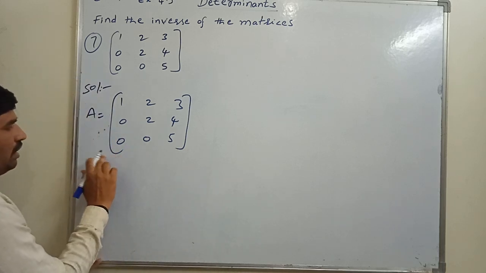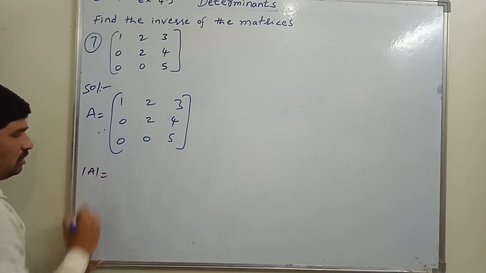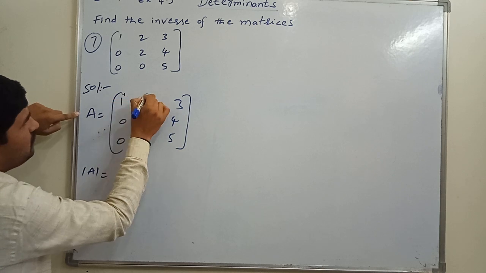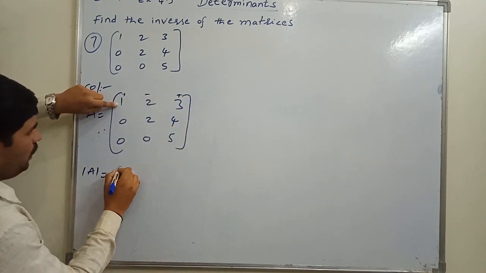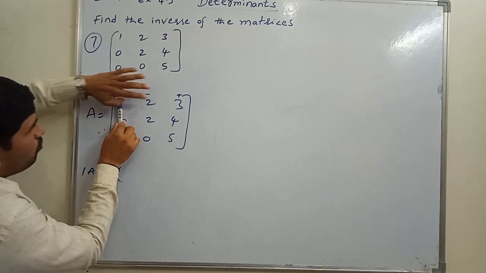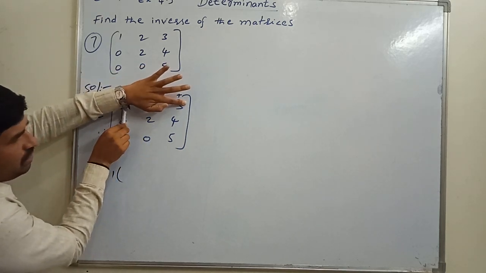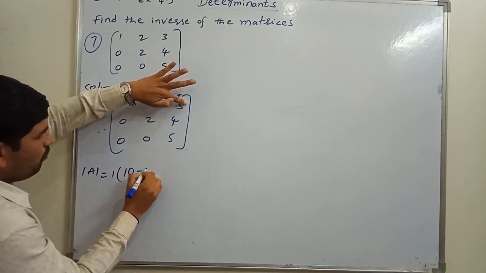So again, to complete the solution, first we have to find the determinant. We know how to find the determinant. Roughly I am writing the signs here: plus, this is minus, this is plus. Taking plus 1 into, we cancel the row and column of this element. Whatever result we get, we cross multiply: 2 into 5 is 10 minus 0.